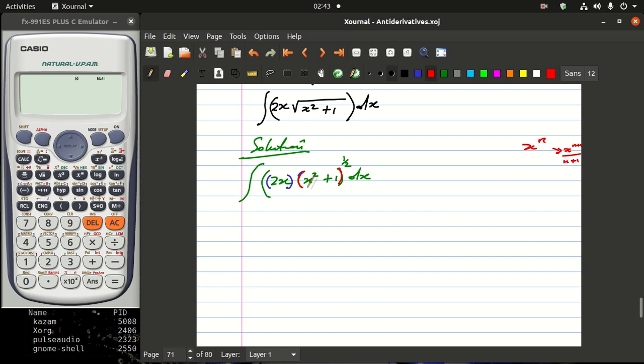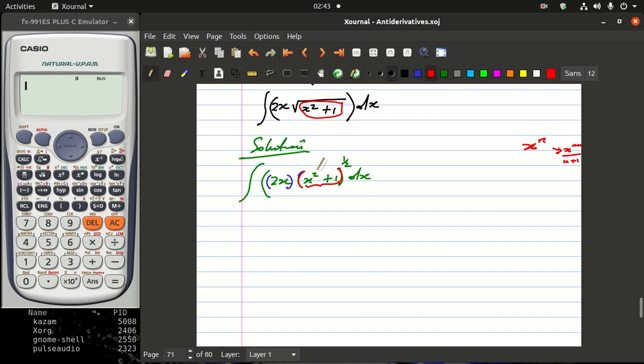So the problem is, if this function that is sitting inside here was just an x alone, I was going to be able to deal with it using that. If this was just x, I was going to multiply these two and say I have powers of the same base, I add exponents.